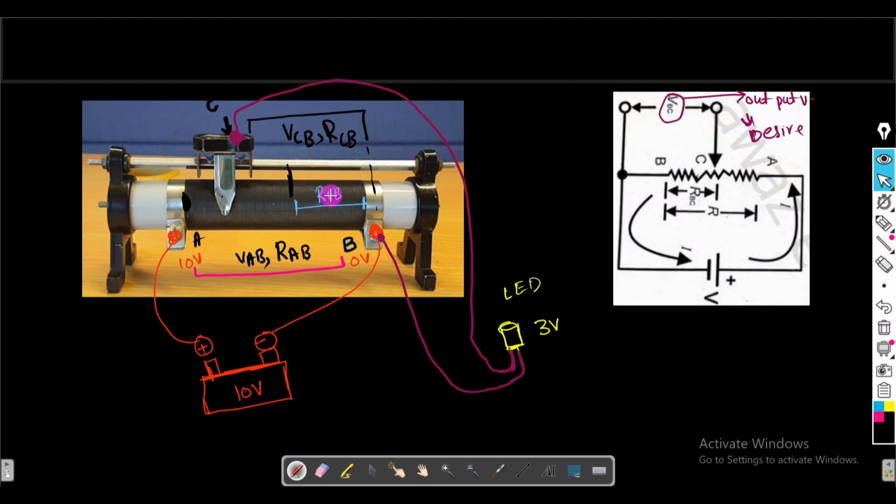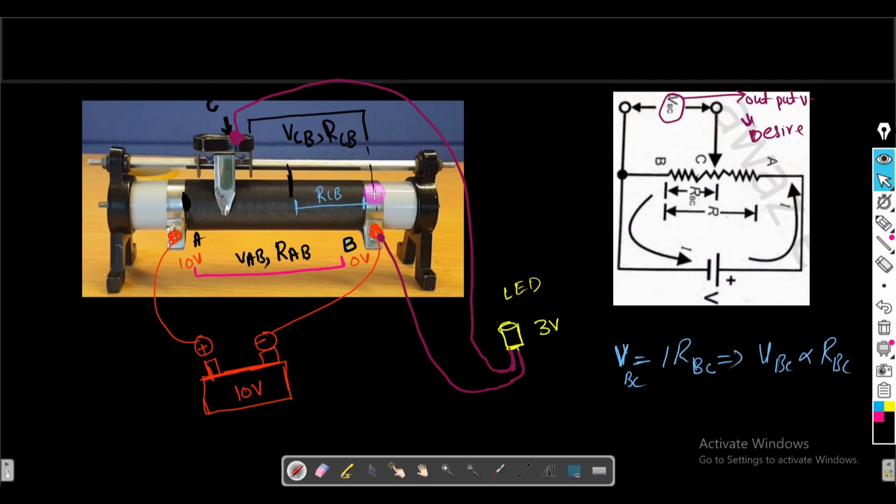If the resistance is decreased, then according to Ohm's law, V is equal to IR. This VBC is directly related to this RBC, so VBC is directly proportional to RBC.